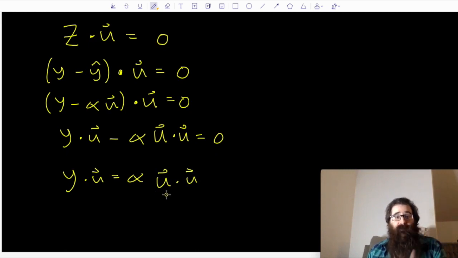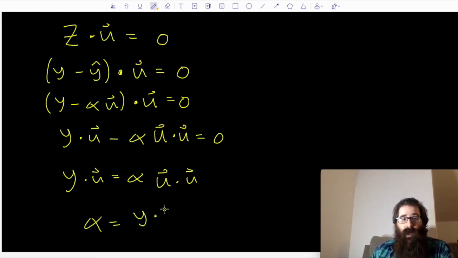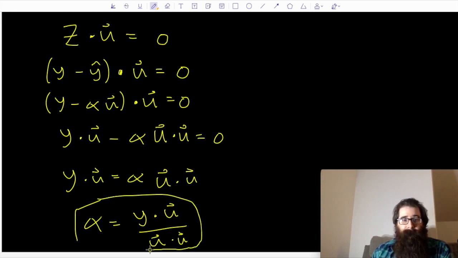And if I want to solve for alpha, I would just divide by u dotted with u. So then alpha is equal to y dotted with u divided by u dotted with u. So that solves for constant alpha.